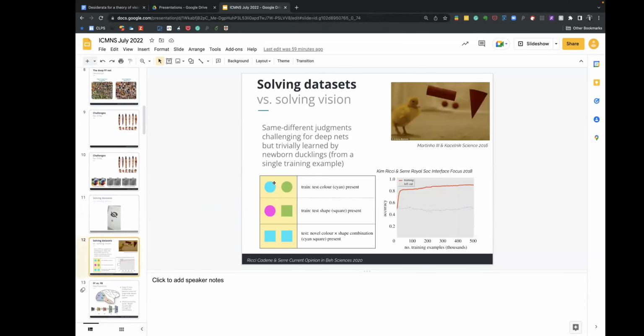What I'm showing here is obviously an idealization, but there's a dataset called Sort-of-CLEVR, a standard dataset in AI and computer vision for visual question answering, where there's something like maybe a dozen shapes, triangles, squares, etc., of different sizes. They can vary in size and aspect ratio, and then they are given a color, again maybe half a dozen or a dozen colors. The systems are typically trained to answer questions about the scenes, like what's on the right of the triangle, what's on the left of the square, and so on.